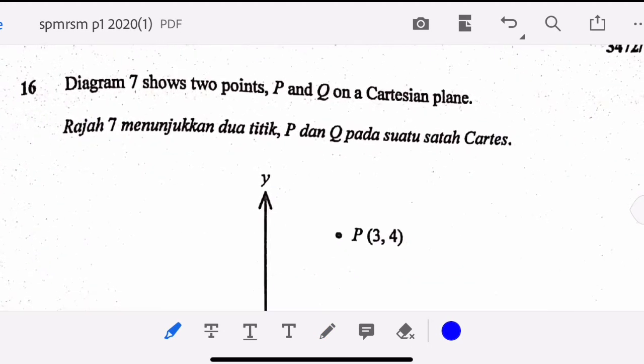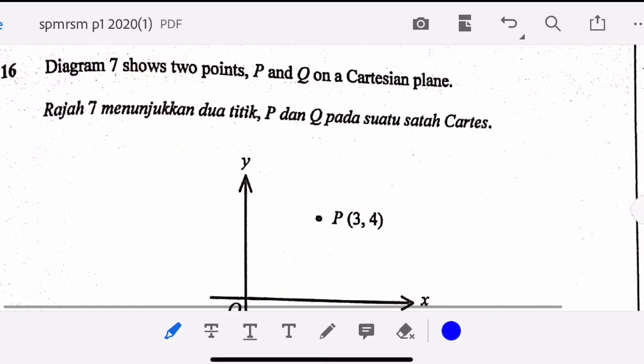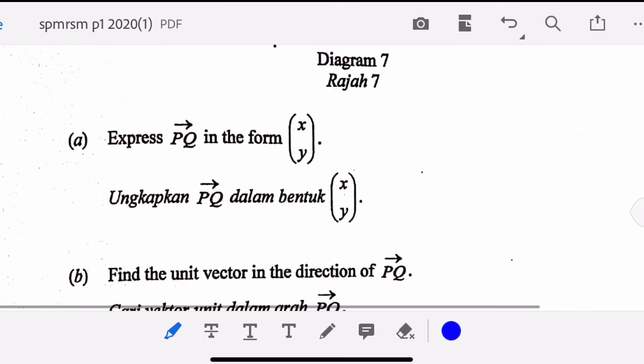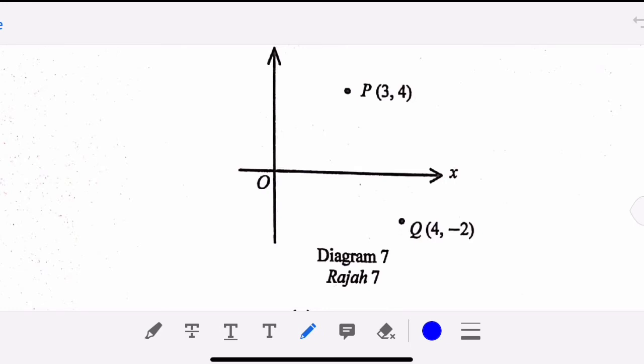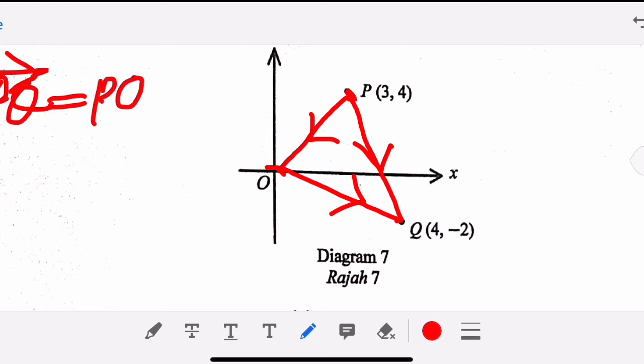Let's proceed to the next question, number 16. For this one, you are given 2 points P and Q on the Cartesian plane. Then you're asked to express PQ in the form of x, y. So we have to use the triangle law again. P to Q, we form the triangle. PQ is actually PO plus OQ.